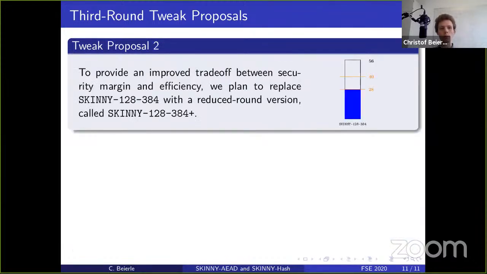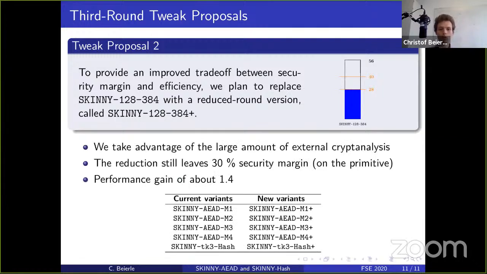And as a second proposal, similar to what we've heard in the talk before, we are planning to reduce the number of rounds of Skinny-128-384 from 56 rounds to 40 rounds, in order to provide an improved trade-off between security margin and efficiency. By this, we're taking advantage of the large amount of external cryptanalysis that already exists.